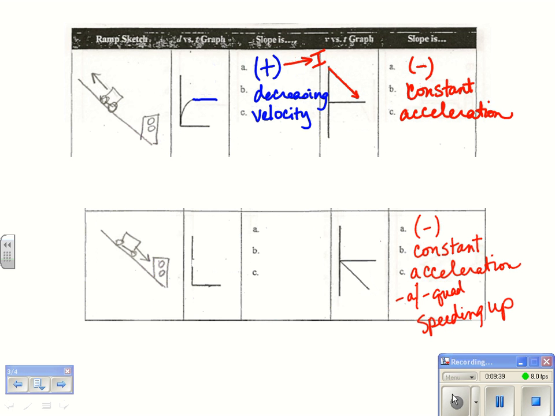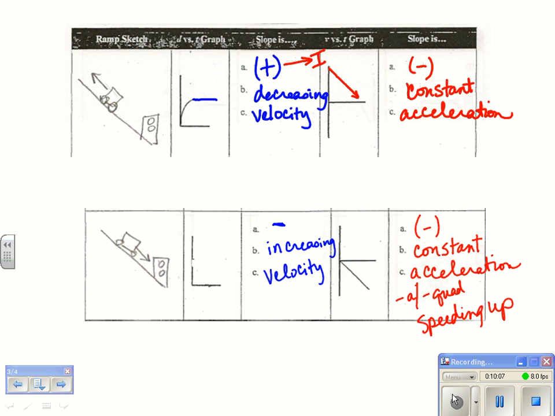All right, so if that's the case, over here, as it comes down the ramp towards it, we are going to need to say that it's coming towards, so it's negative slope, and it's going to be increasing, because negative and negative means it's speeding up, so that's increasing, and this is velocity.